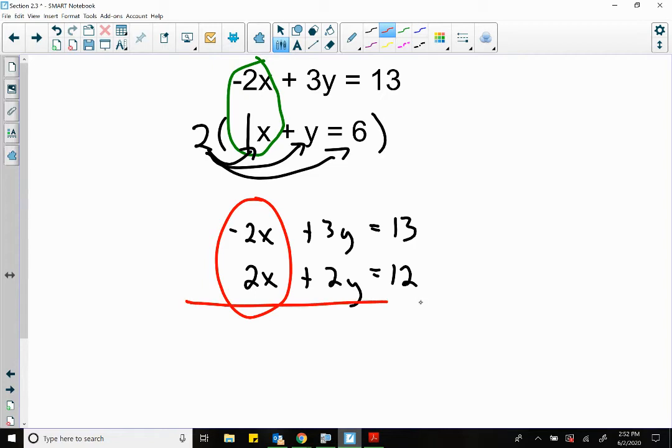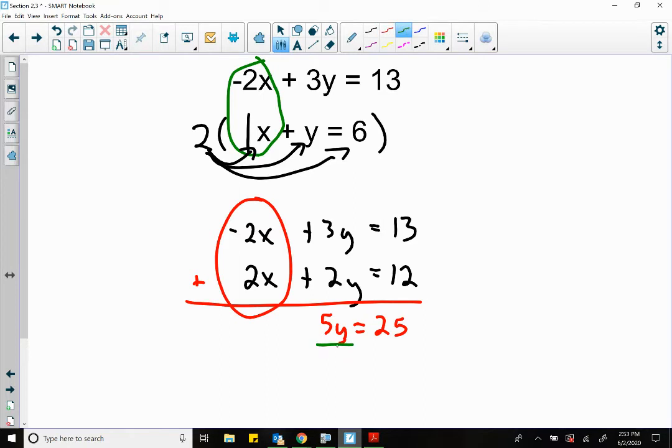Okay. So when you add down, x's go away. 3 plus 2 gives you 5y. 13 plus 12, 25. Divide by 5 for step 3. Oops, let's change that up. Let's change my color because I like to be consistent from problem to problem.